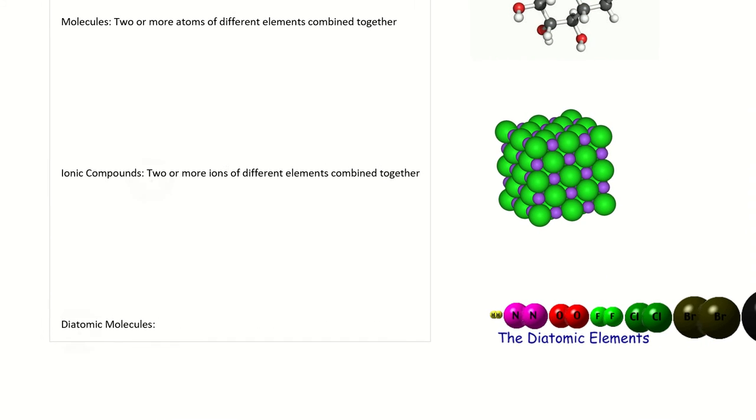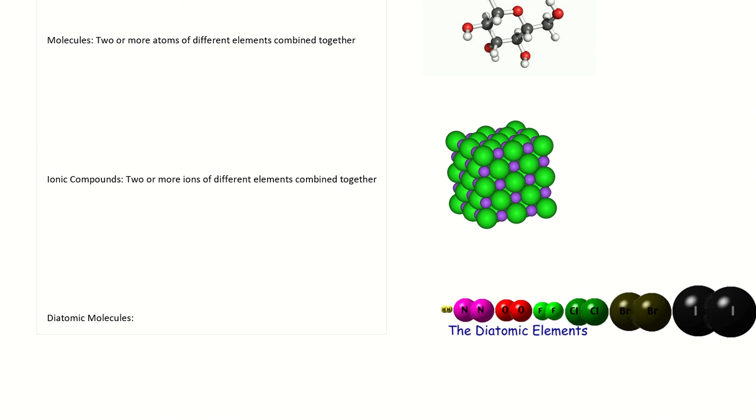Finally, we want to look at what are called the diatomic molecules. As the name suggests, di meaning two, these are elements that exist as two atoms chemically bonded together. We see some examples over here: hydrogen, nitrogen, oxygen, fluorine, chlorine, bromine, and iodine.